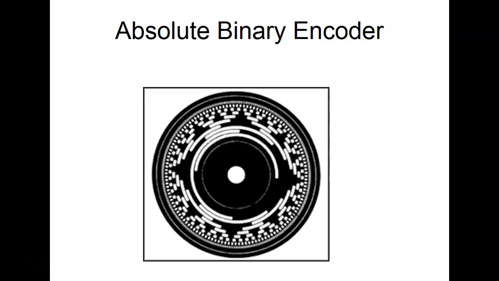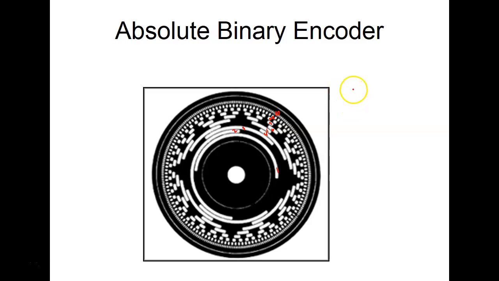So this would be an absolute encoder, and you can't hardly see the bands. It looks like it's got 1, 2, 3, 4, 5, 6, 7, 8, 9, and look what happens. It looks like it's got 10 bands, but every time the bands get added, everything gets closer together.